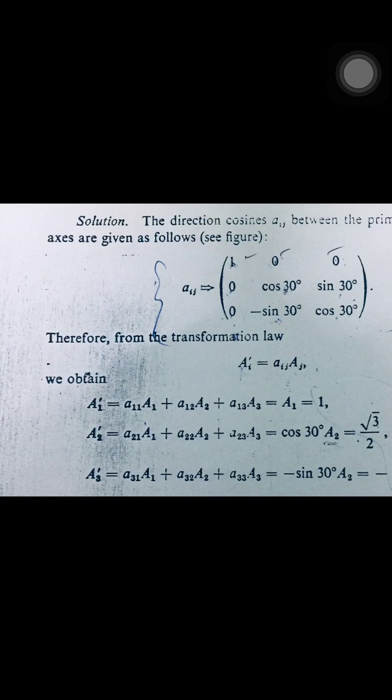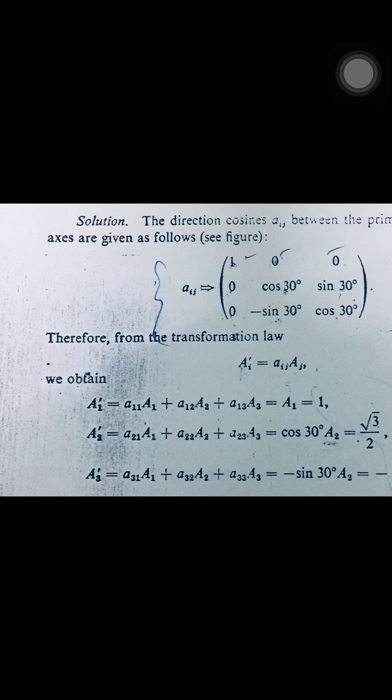A1 dash is nothing but A11 A1 plus A12 A2 plus A13 A3. Now we have the values of small A11, A12, A13, and capital A1, A2, A3 is already given in the question.